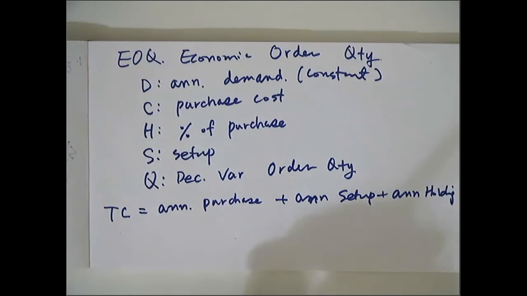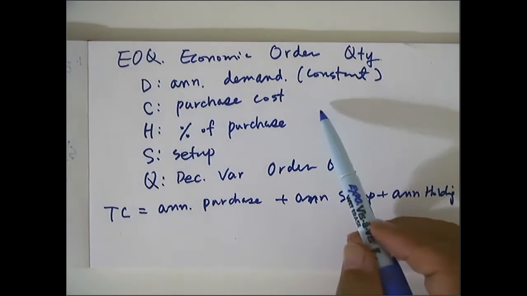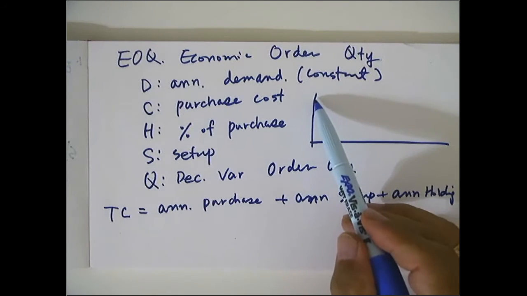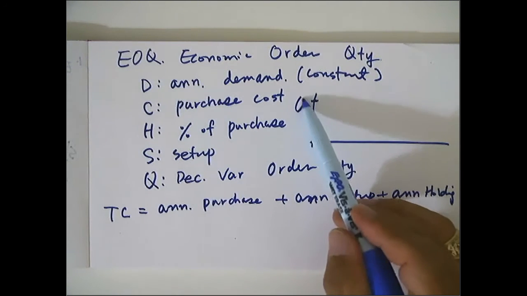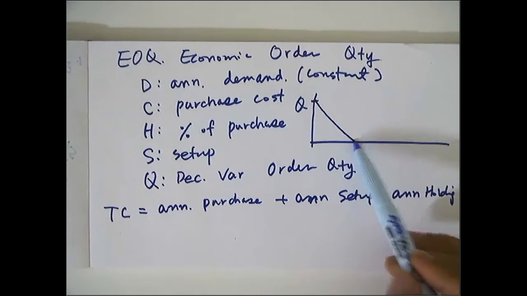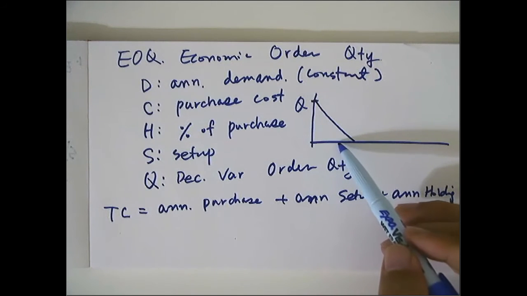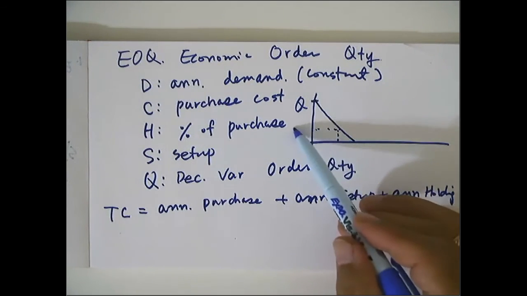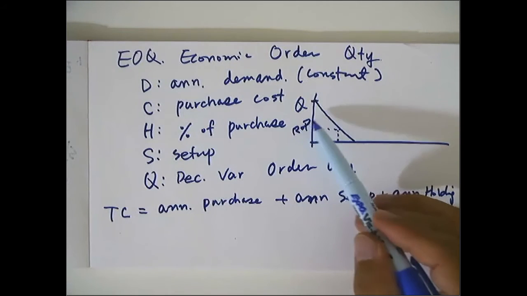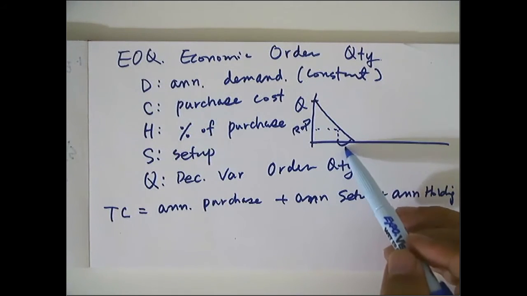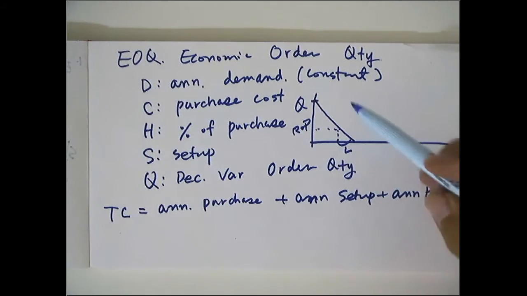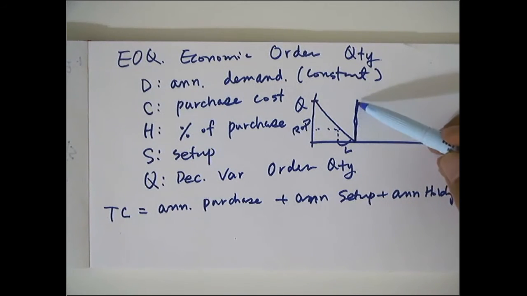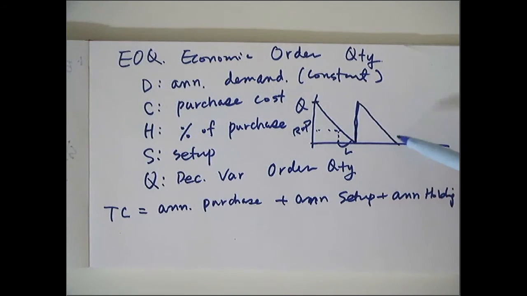To compute all these numbers, we have to know the basic inventory profile. Here is the inventory profile. We order Q, and the customer comes, and since we have lead time, there will be some reorder point. ROP is the reorder point, and this is the lead time L. After this lead time, the supplier will deliver the exact quantity Q, and then they repeat the same cycle.